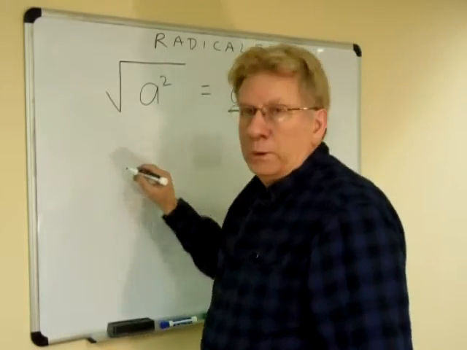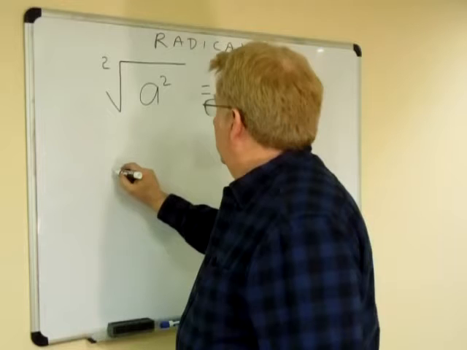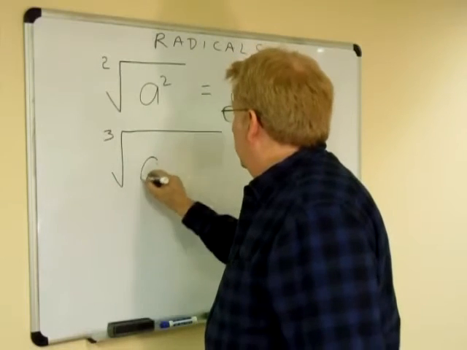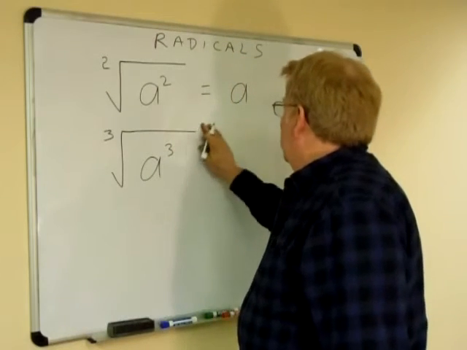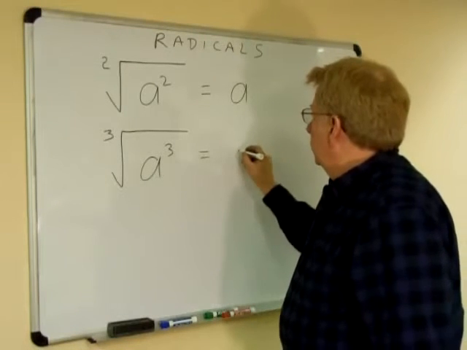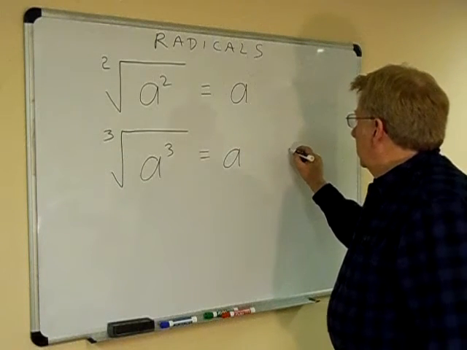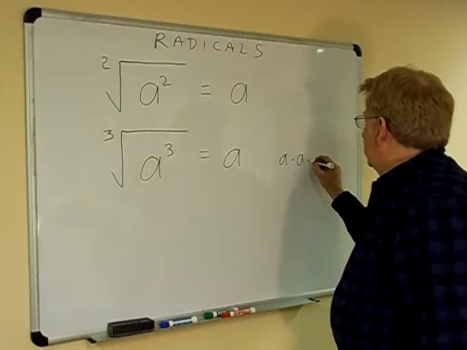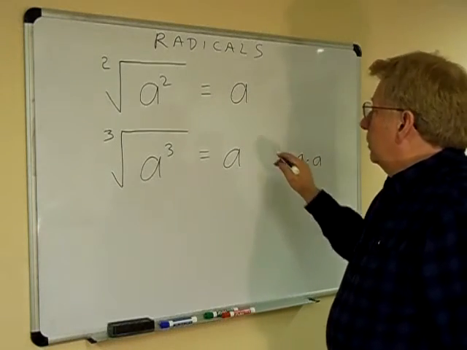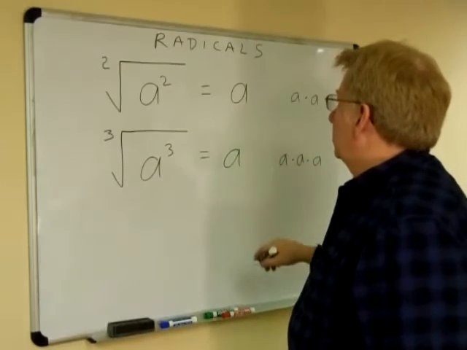However, a radical can also be more than a square root. Technically, you can do a cube root of a cubed, and in a case like this, the cube root of a cubed would be a. So that says that a times a times a would give us a cubed. And in this case, a times a gives us a squared.